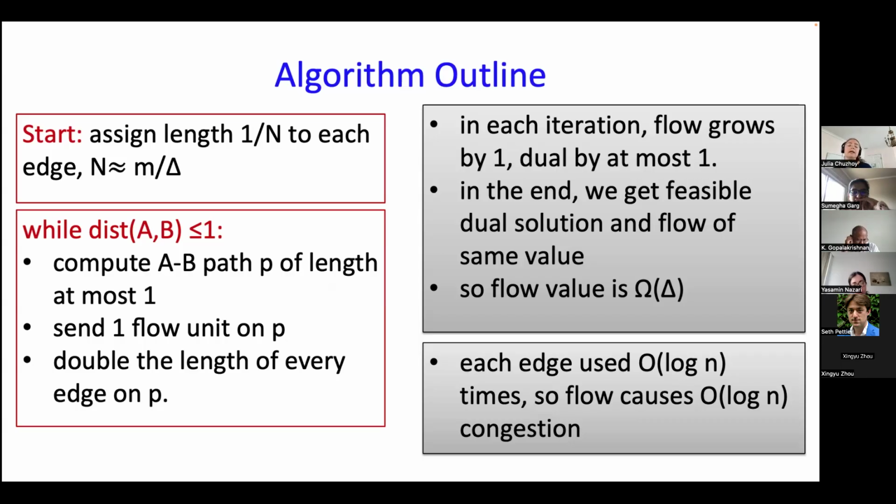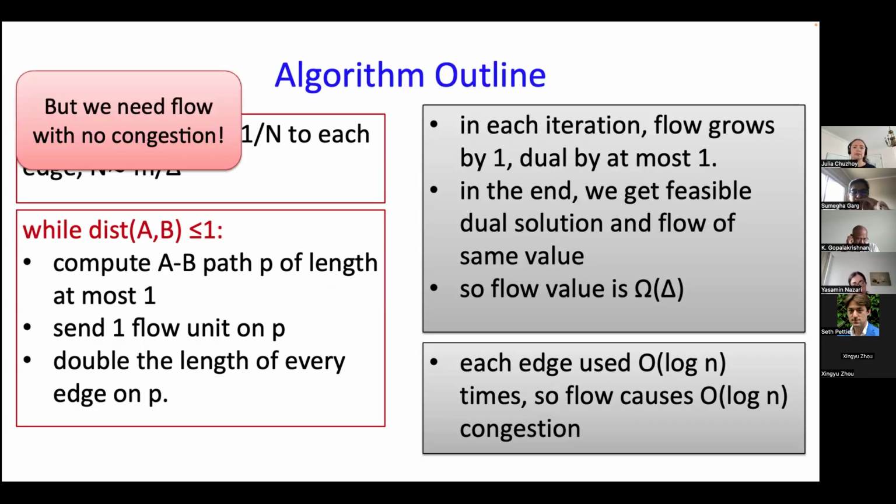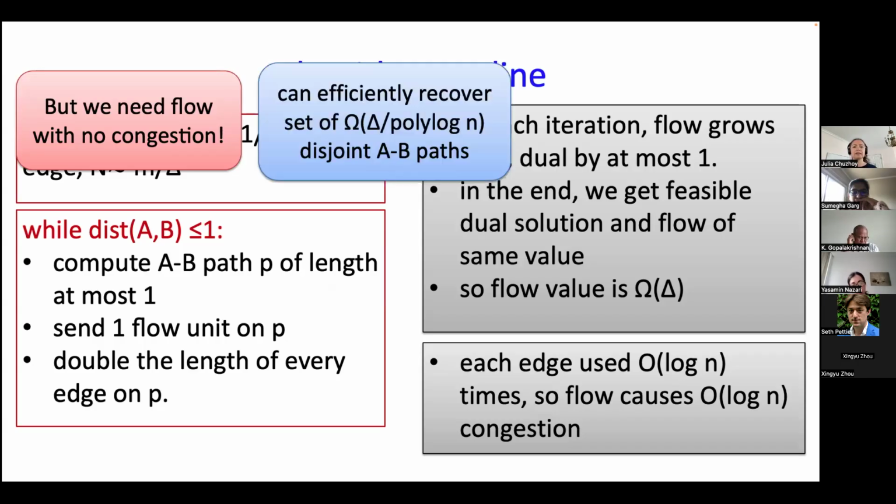What we wanted was integral flow with no congestion. It turns out once you reach this point, it's really easy to take this flow and recover from it delta over polylog n disjoint A to B paths. I will not go into this. It's really simple, and there is also a fast algorithm that allows us to do it. So whatever we get here, almost optimal flow with logarithmic congestion, is just going to be good enough.